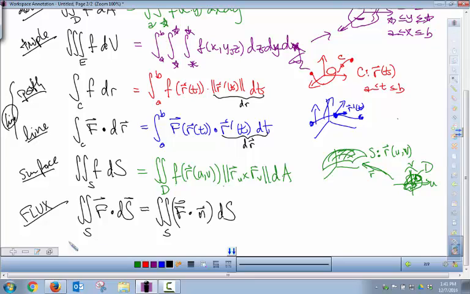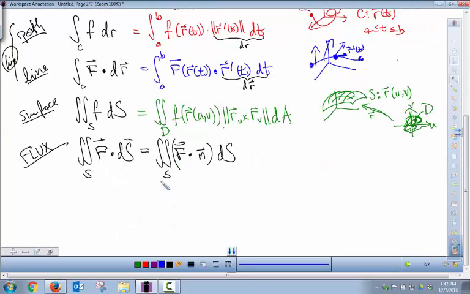The first form seems like a natural progression from the path, line, surface, and flux integrals. But sometimes you might be able to take advantage of the shape of the surface and the normal vector and change the flux integral into a surface integral. So notice that this is actually a surface integral.